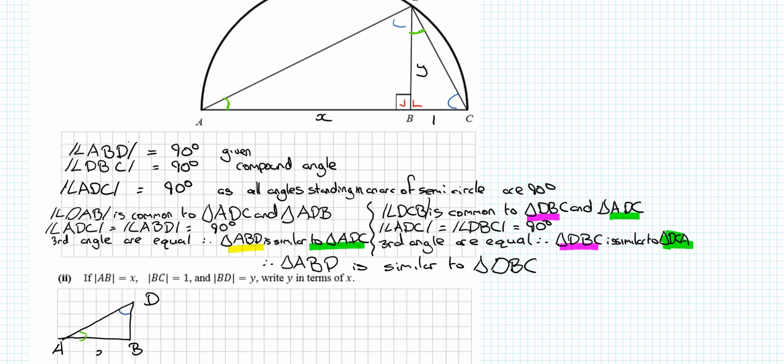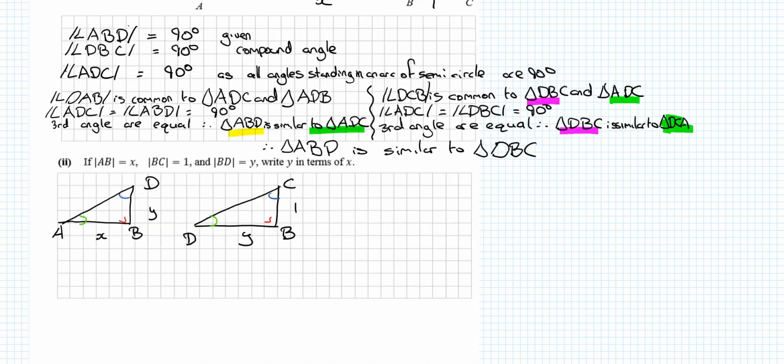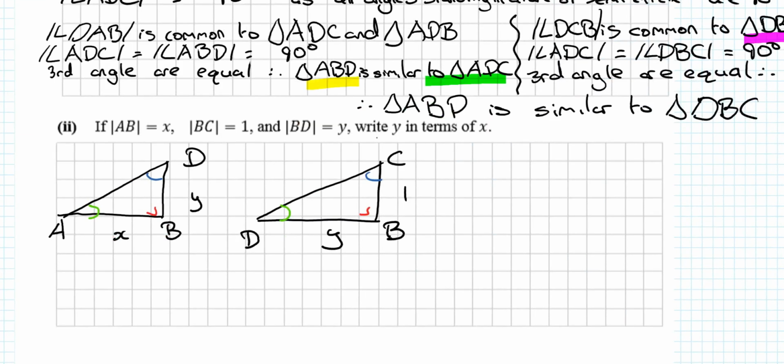And going X, Y. And the other one now is a little bit more careful. Green, red, blue, and I'm going C, B is at the red, D is at the other one. BD is Y, BC is 1, and I want to write Y in terms of X.